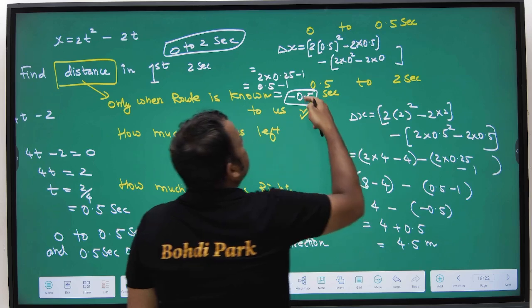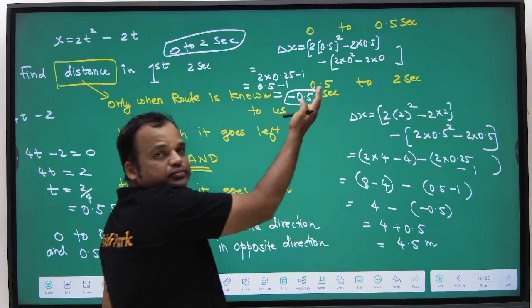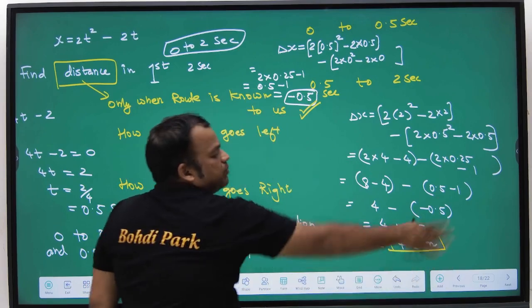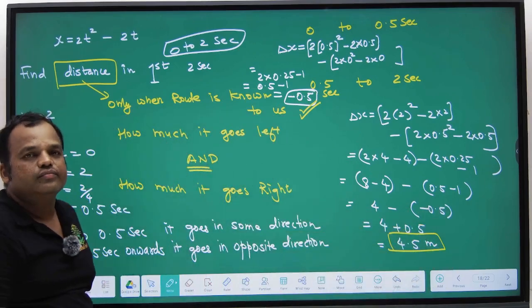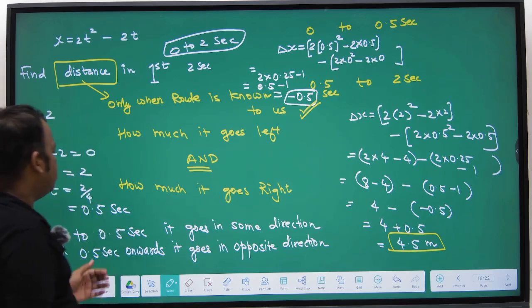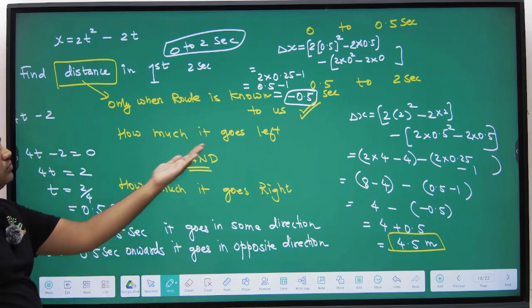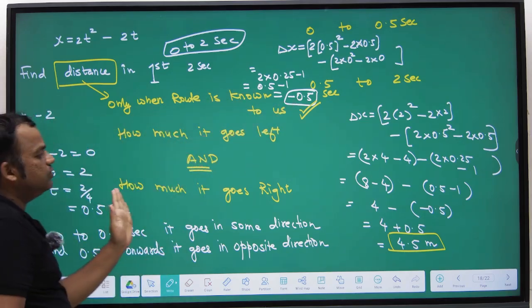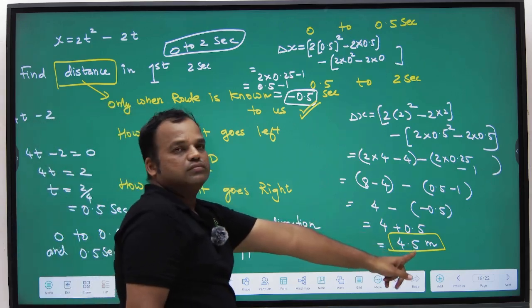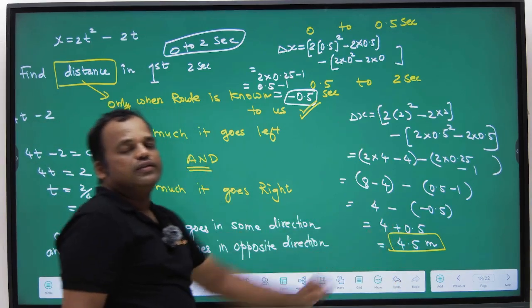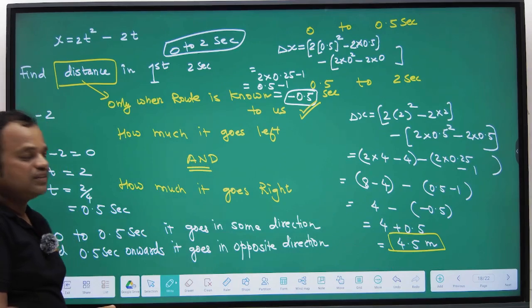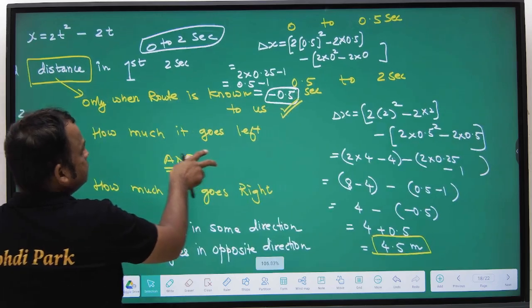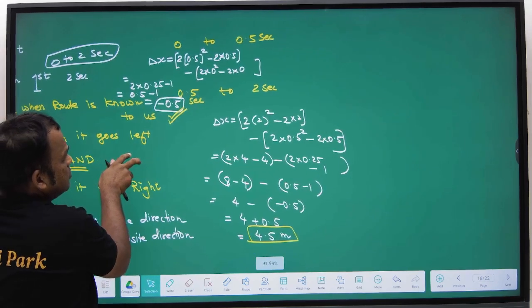First displacement is minus 0.5 meter, left side. Second displacement is 4.5 meter, right side. So how far has it gone left side? 0.5 meter. How far has it gone right side? 4.5 meter. So what is the total distance? We can draw the diagram also like this.